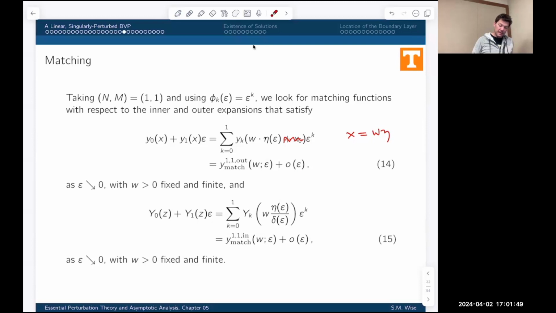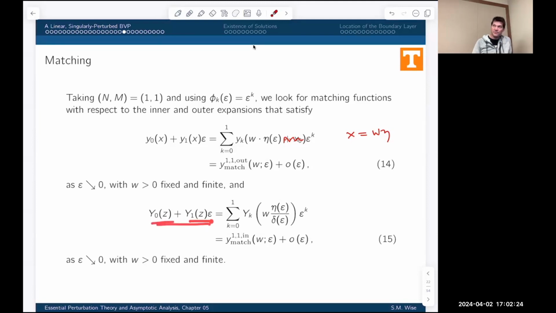Now I'm going to do some sort of expansion technique on this as epsilon goes to 0, and I'm going to keep all the terms which are bigger than little o of epsilon. I'll show you how this goes. W is assumed fixed, some order 1 value, just like Z is an order 1 value. I'm going to do the same thing with the inner solution expansion up to order 1: the leading order and the first order correction.